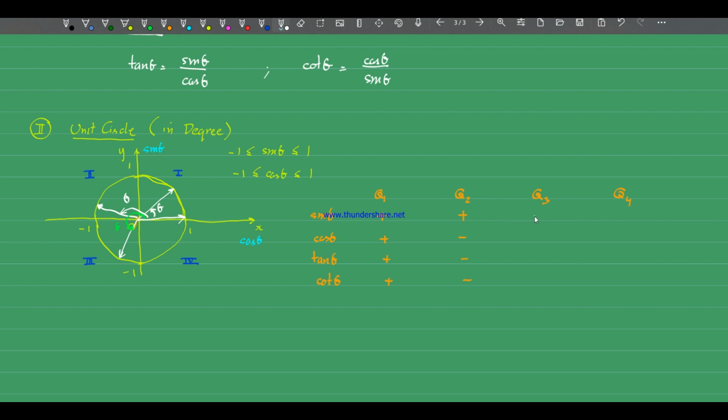Sine now becomes negative. Cosine is still negative, but tangent and cotangent will be positive. And the same kind of logic for quadrant number 4. So the theta goes this way. Use a different color here.